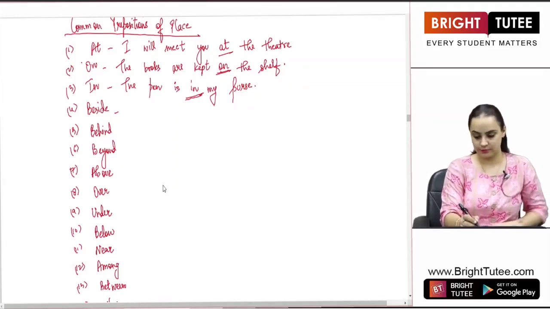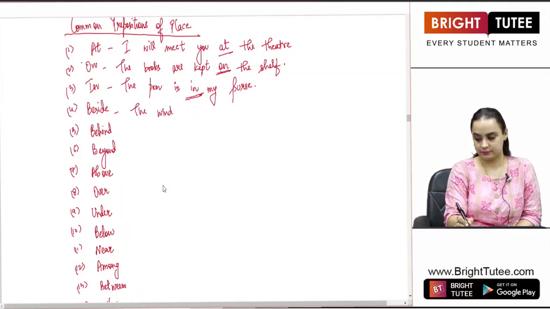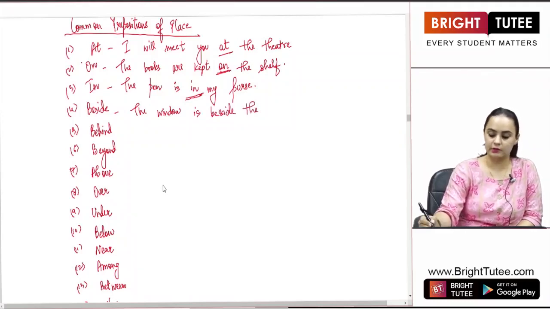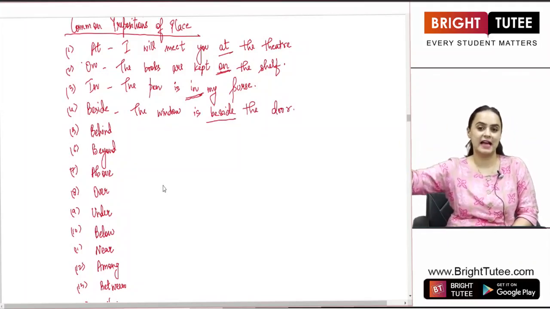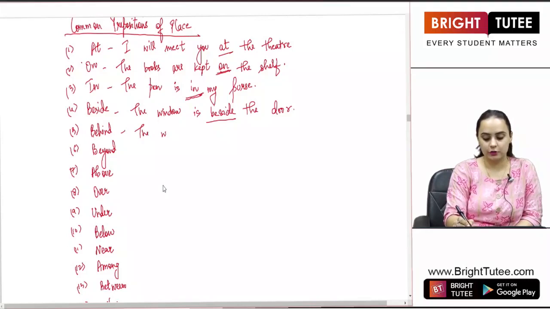Beside. So the window is beside the door. So what is the position of the window? Beside the door. Similarly, we can say the window is behind the door.